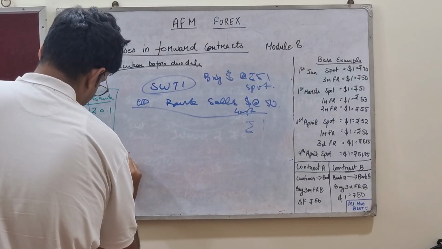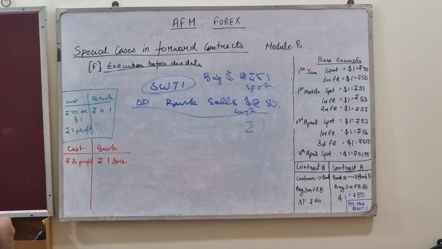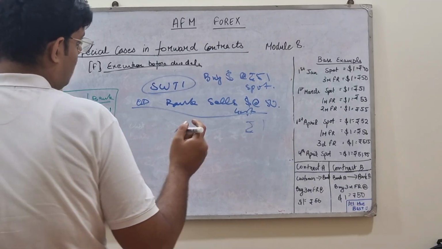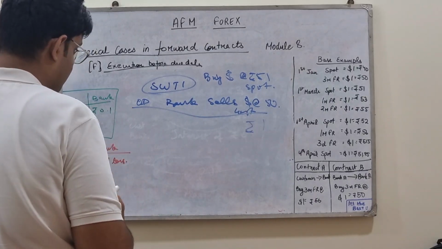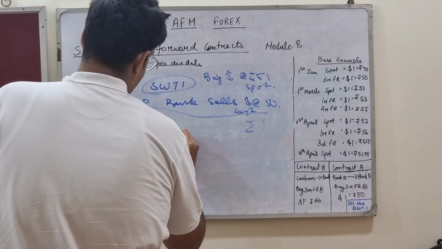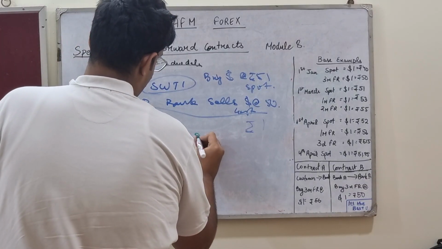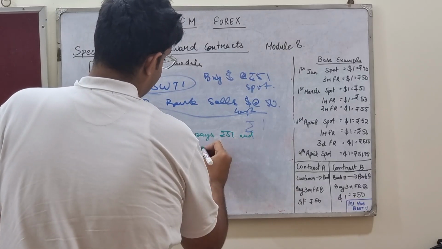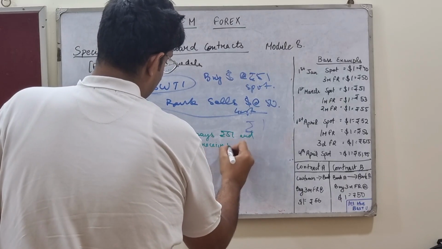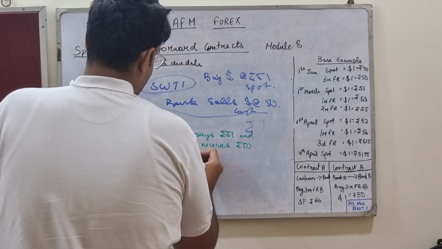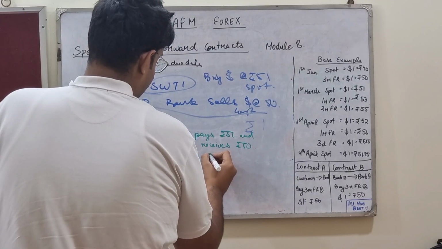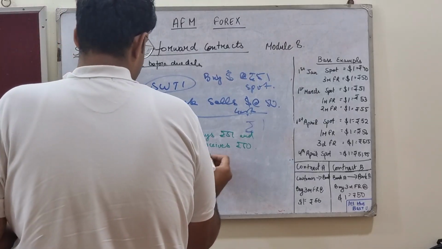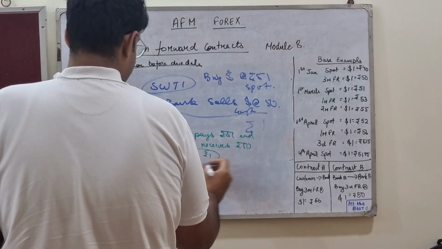Rupees 1 loss, right? And then later on, the bank pays rupees 51 and receives rupees 50. So it has a loss of 1, obviously. But then later on, this loss will be recovered from the customer.